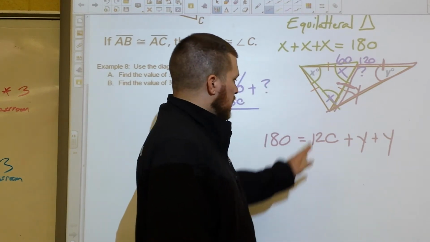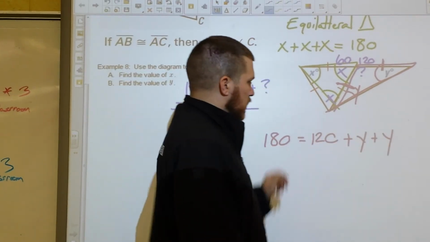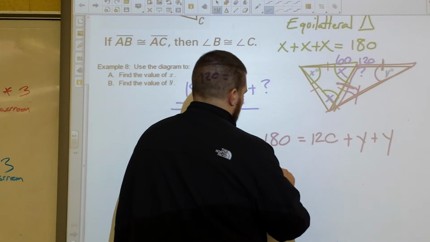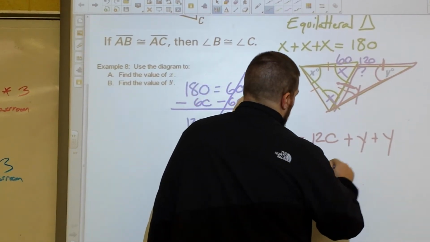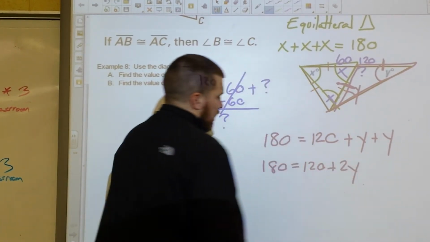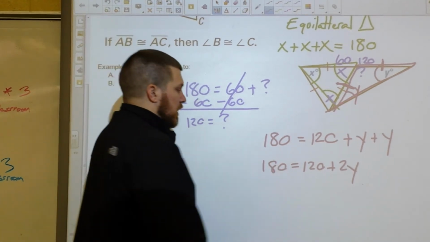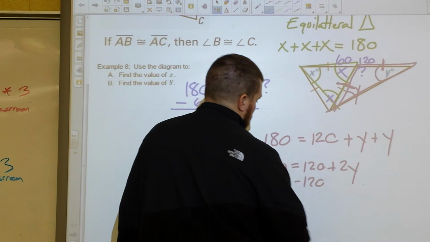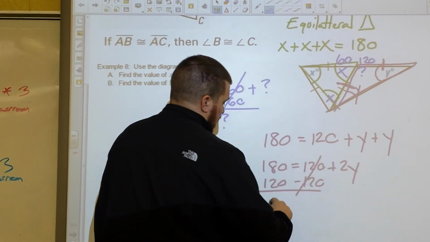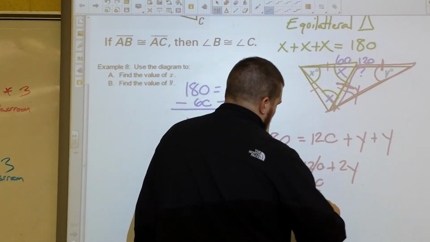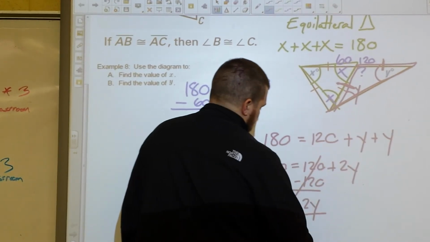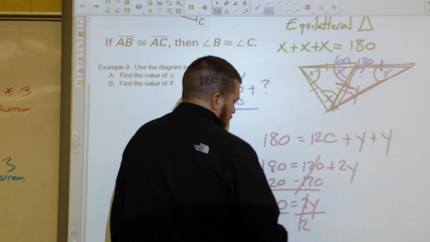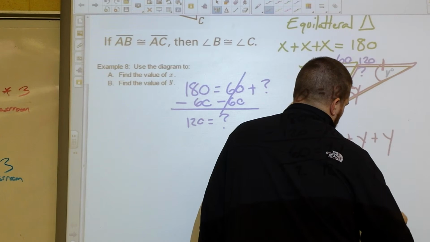So the interior angles add up to 180. So I have 180 is equal to 120 plus 2y, and now I'm ready to start solving. I'm going to start by subtracting 120 on both sides. Those cancel out, so I have 60 degrees is equal to 2y. Now divide by 2 on each side. So I have y equals 30.